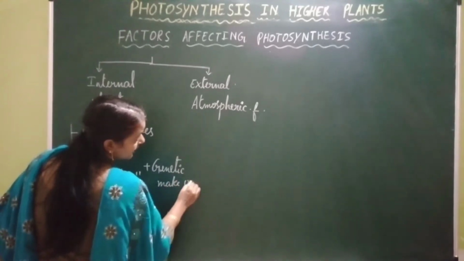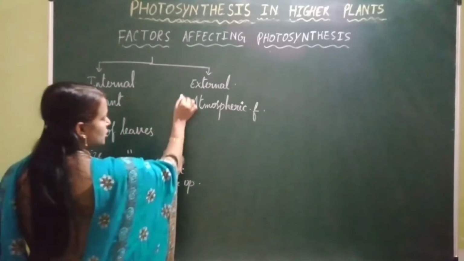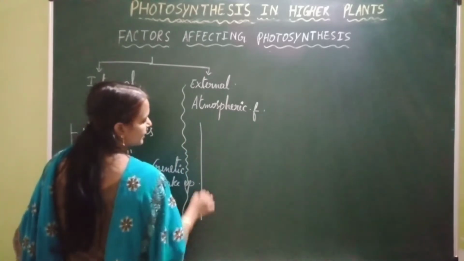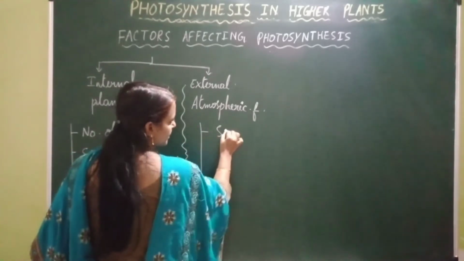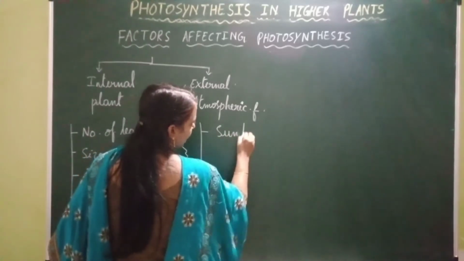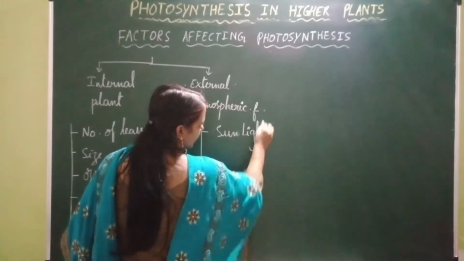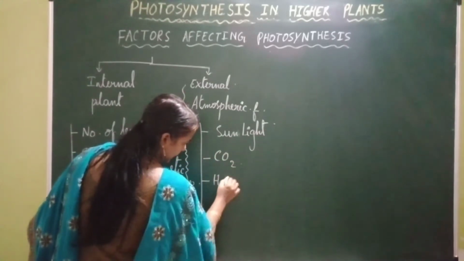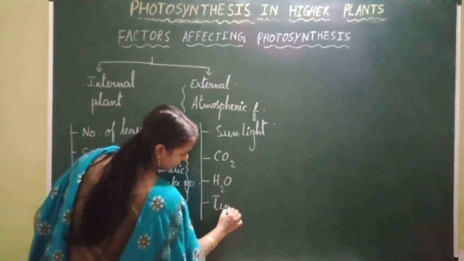Now let's see the external factors, that is atmospheric factors. Atmospheric factors include sunlight, carbon dioxide, water, temperature and oxygen.